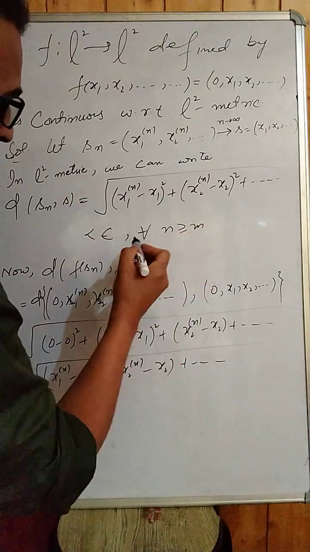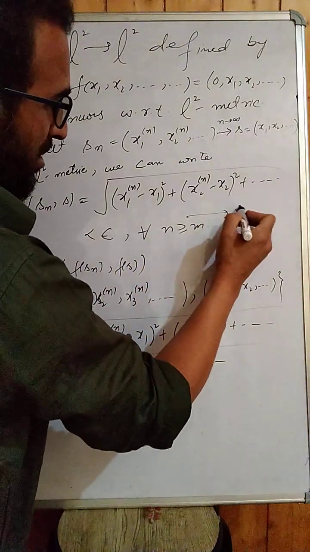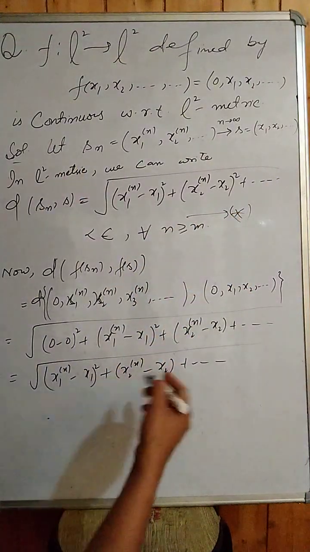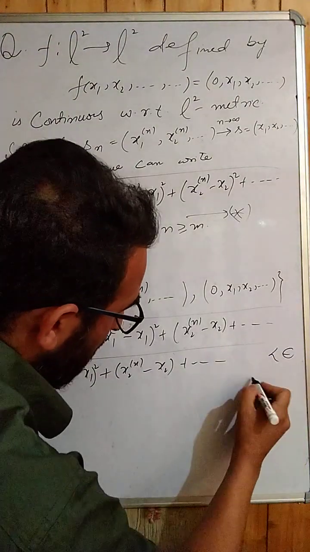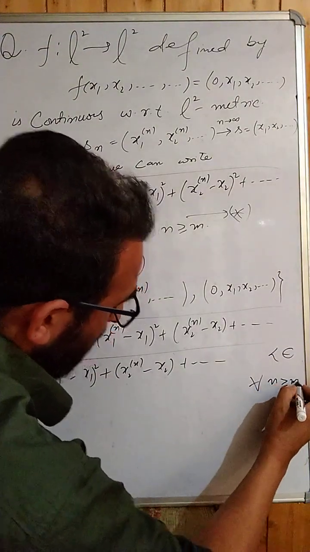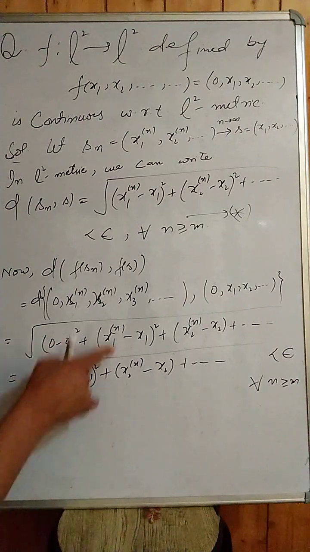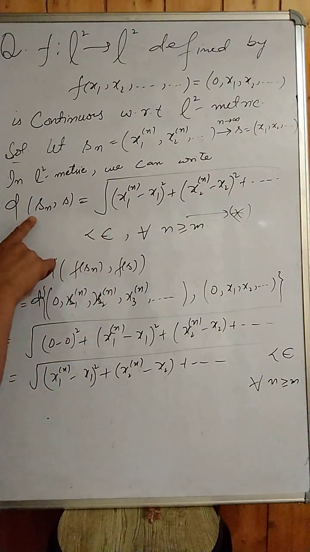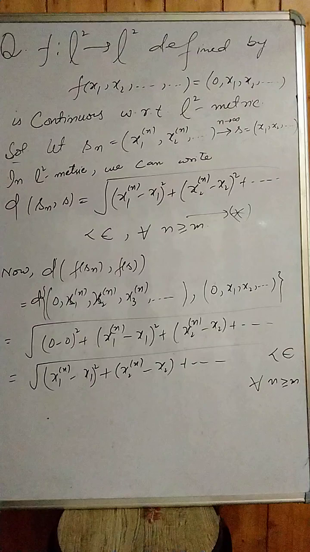Let's call it star. Since by star I can write this is less than epsilon for all n greater or equal to m, because this is equal to this, and we already know that this is less than epsilon after this stage.